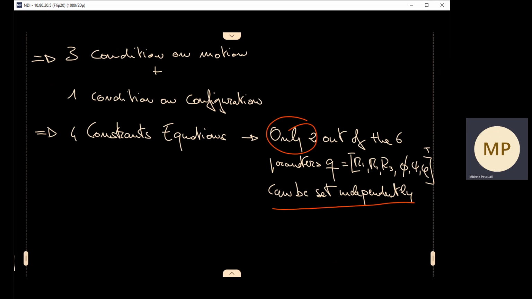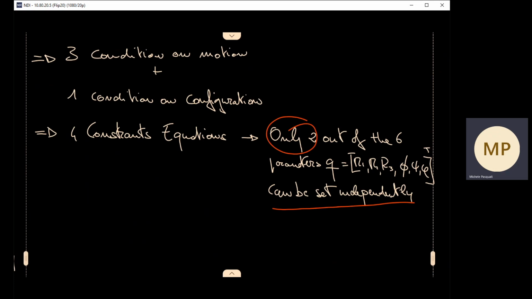Have you ever heard this definition? When you take the total number of parameters minus the number of linearly independent constraints, it gives you the number of degrees of freedom. That's called the Grubler's count.